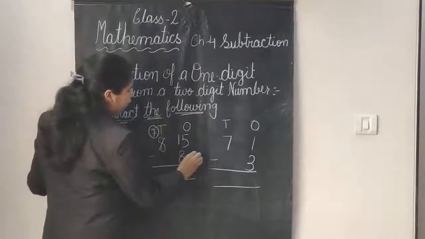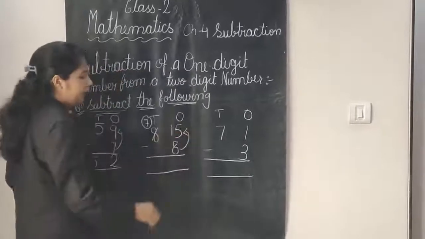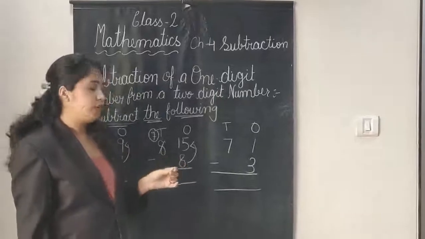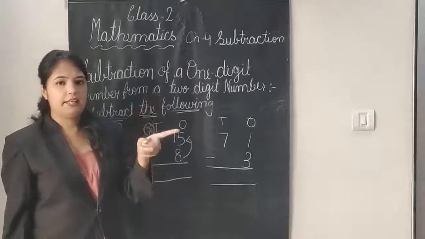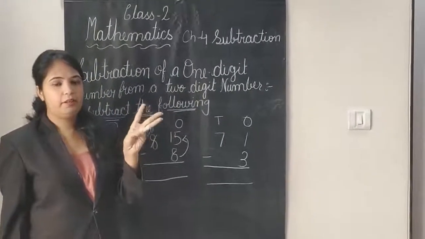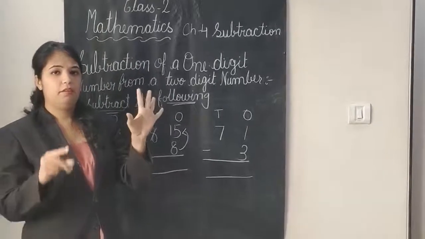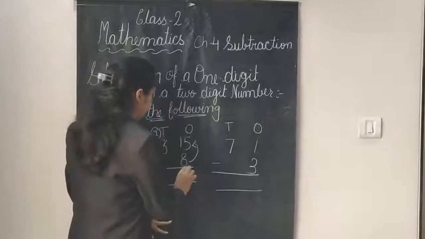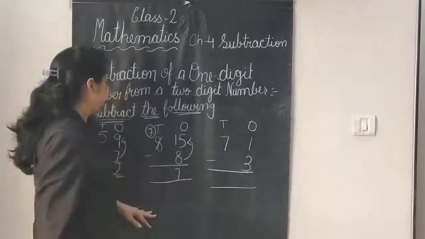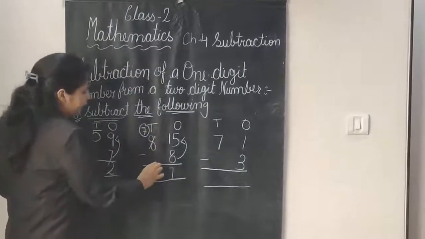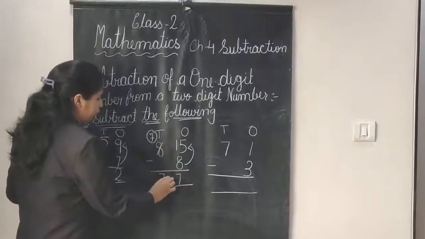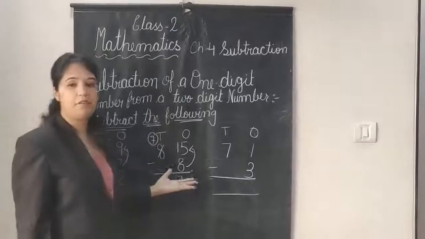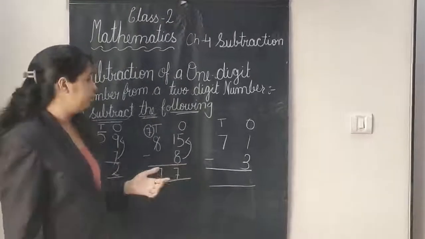So now we will subtract 15 minus 8. After 8: 9, 10, 11, 12, 13, 14 and 15. So again 7 on my fingers. The answer is 7. And we will bring this 7 as it is down. So the answer is 77. Here we have done the regrouping.